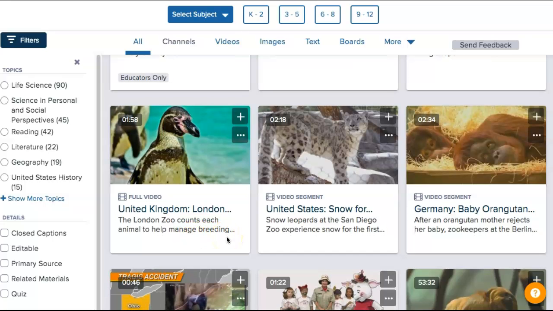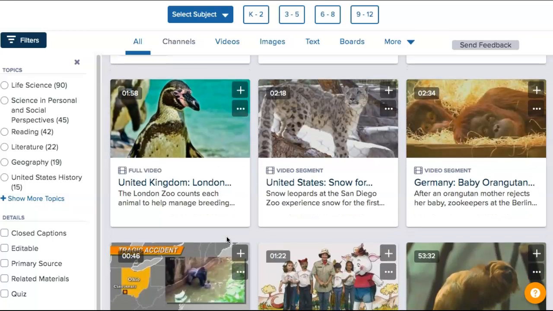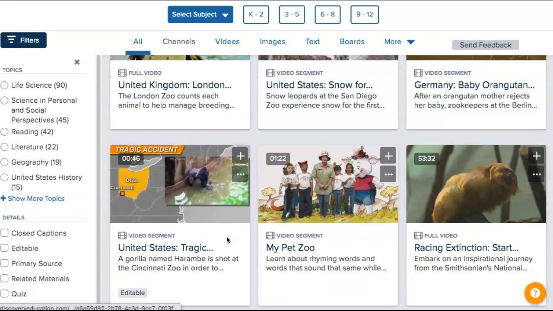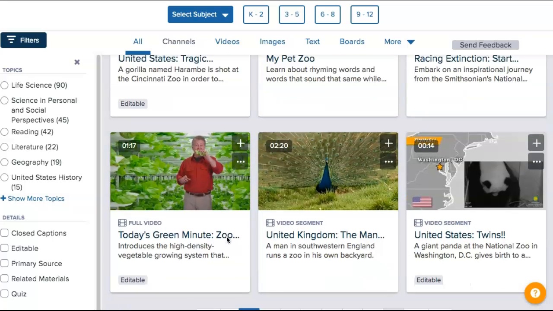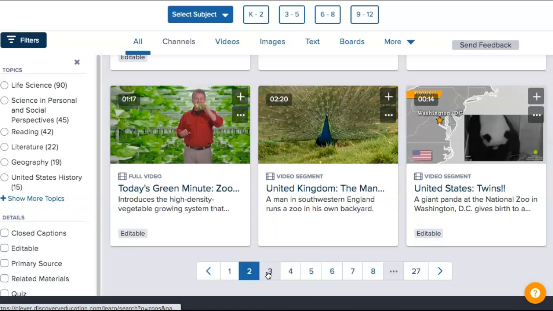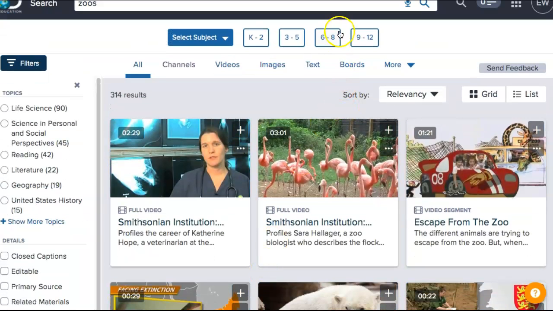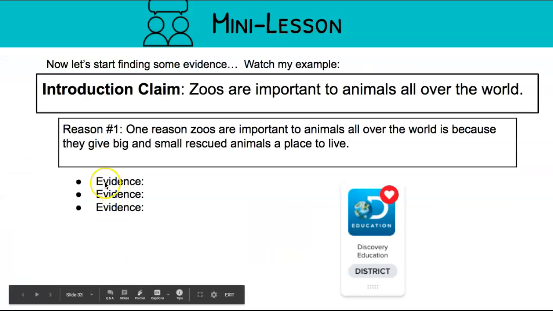That could be helpful because that's talking about animals reproducing, possibly animals that are endangered. So I want to find some videos that I think are going to help me, and then I'm going to watch them.